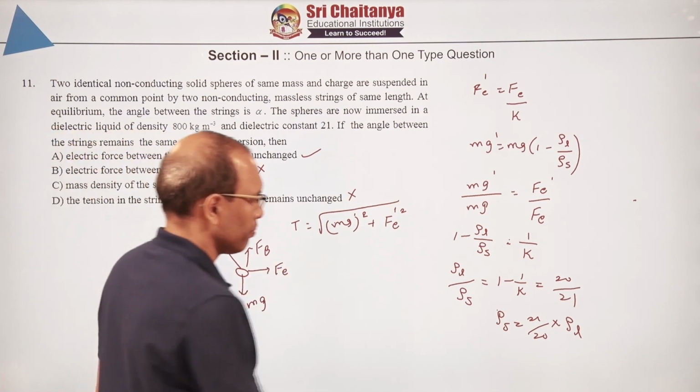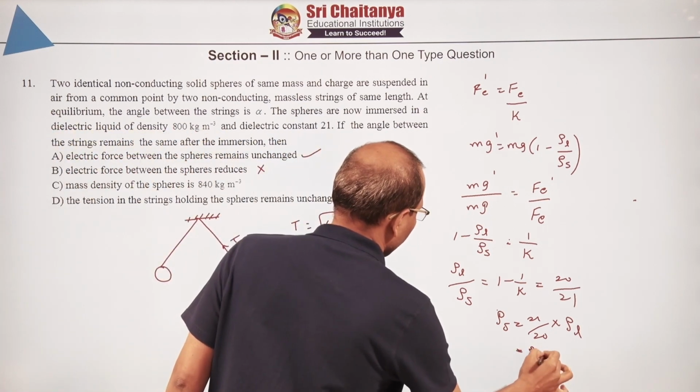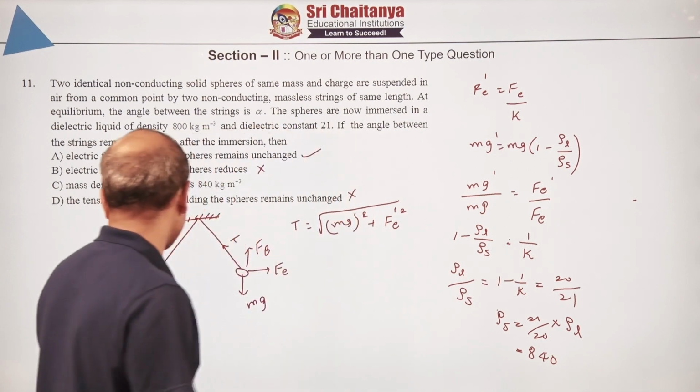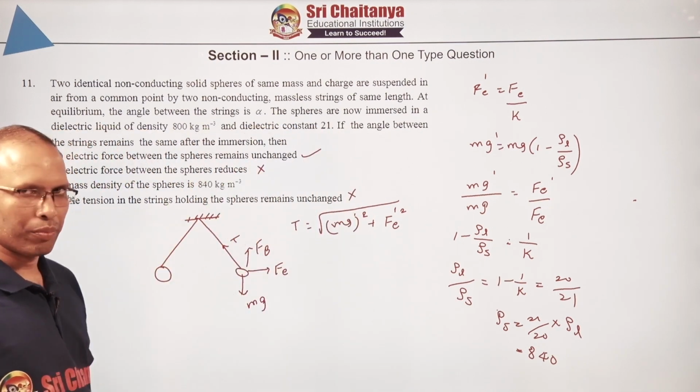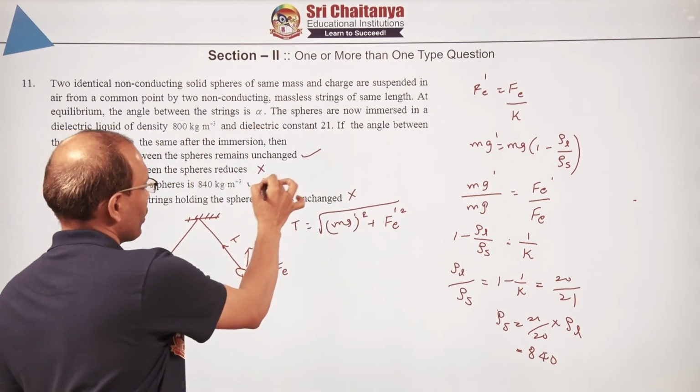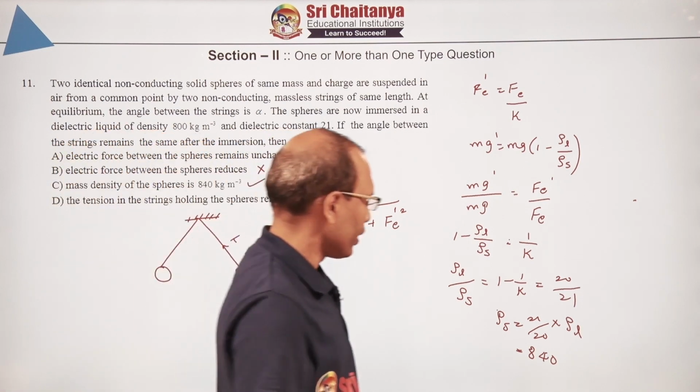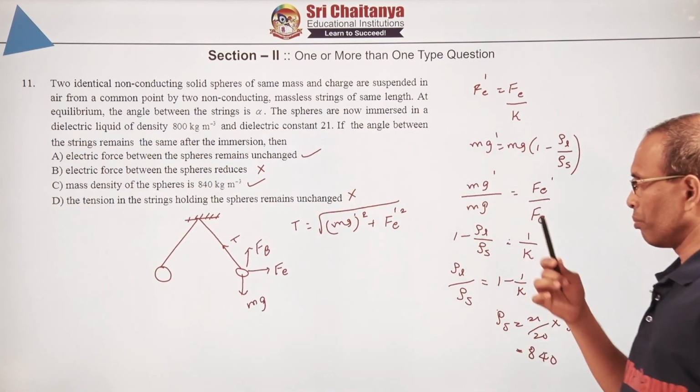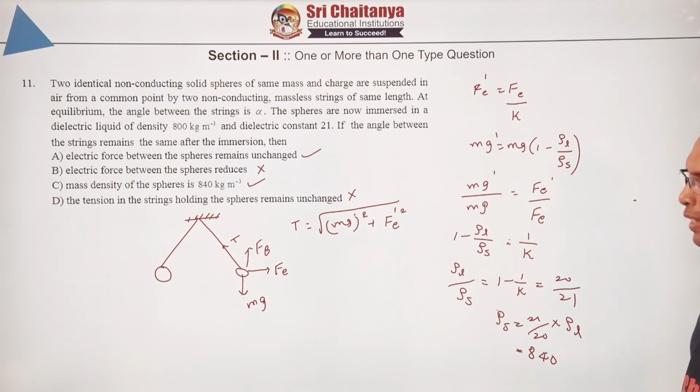Now this will become 840. So the density of the solid object is 840 kg per meter cube. So this option is also correct. Okay, so this is question number 11. Quite simple. As we have seen, all the multi-answer questions till now are very simple. Let us see the next one.